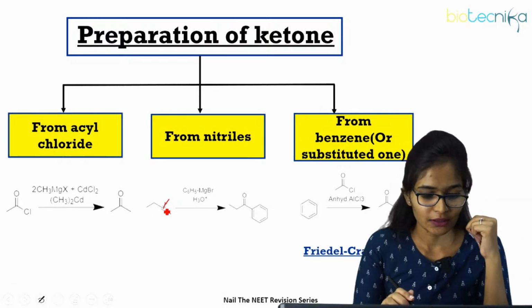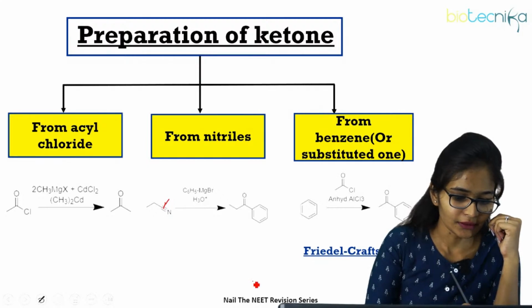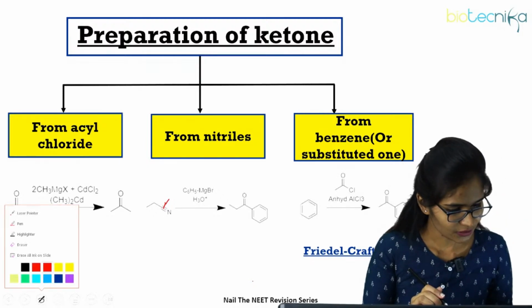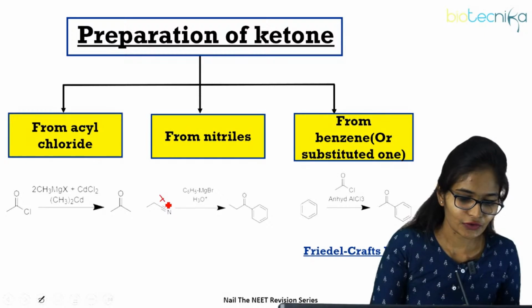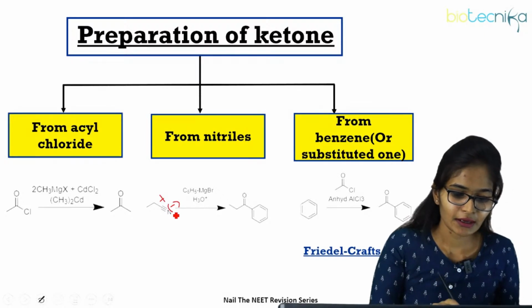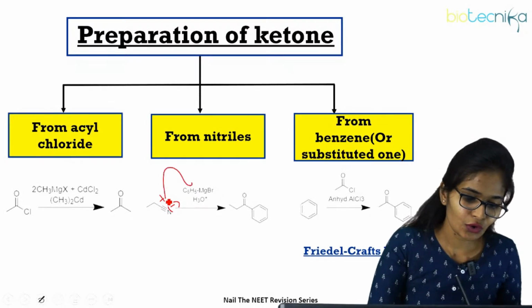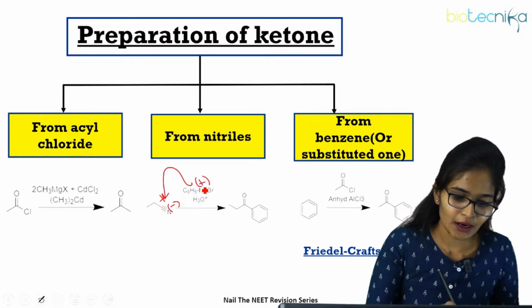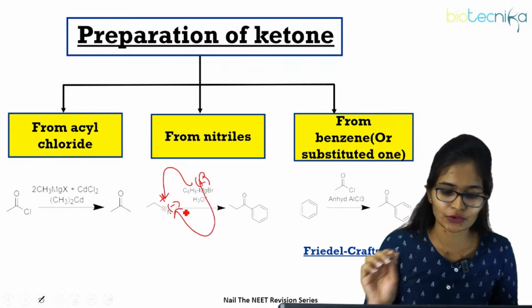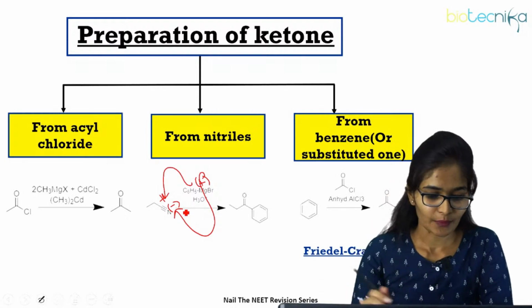Now carbon will be electron deficient and nitrogen will be electron rich. So C6H5 will attack the carbon, and MgBr, the positive part, will attack the nitrogen.